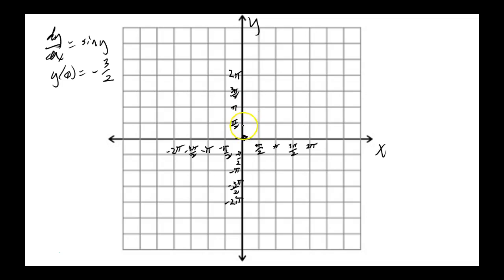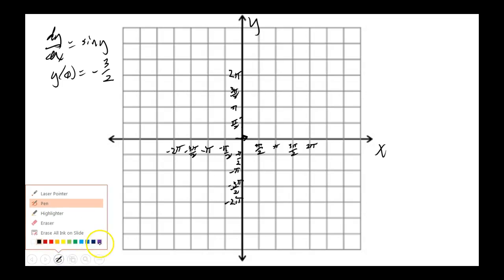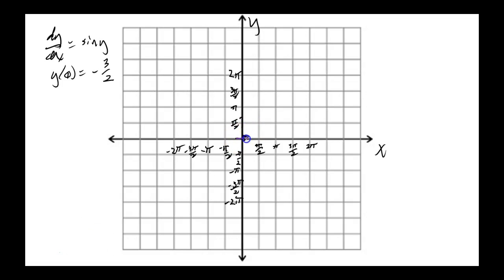When y is equal to pi halves, the slope is 1. That is 1. Here it's going to be 0. Here it's going to be negative 1. Here it's going to be 0. Oh, I didn't do those right, did I? I didn't do that one very well. Let me start over.